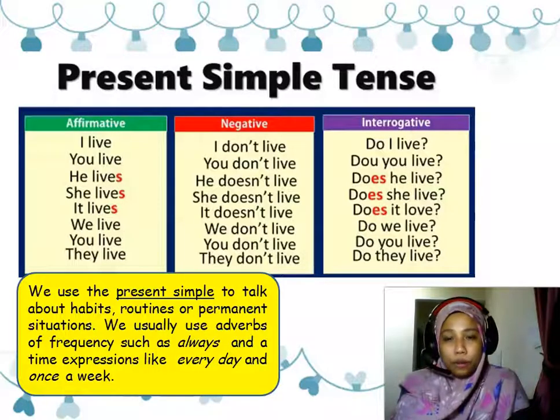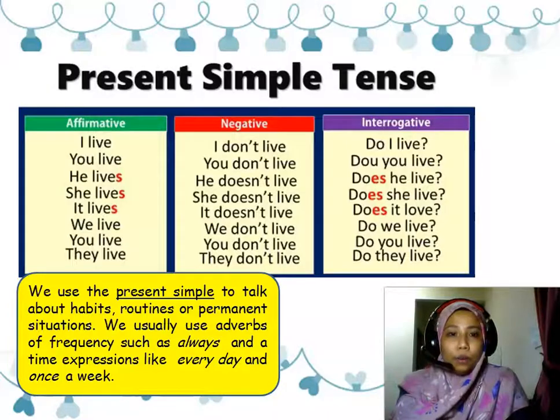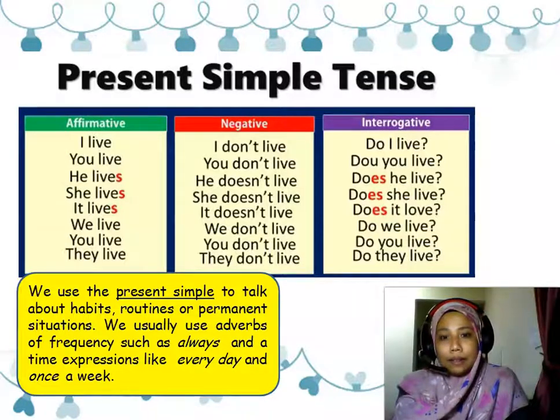The verbs will be added with s for the singular pronouns, such as he, she, it. And the verb will not be added with s if the pronoun is plural, such as we, they, and the special cases of I and you.